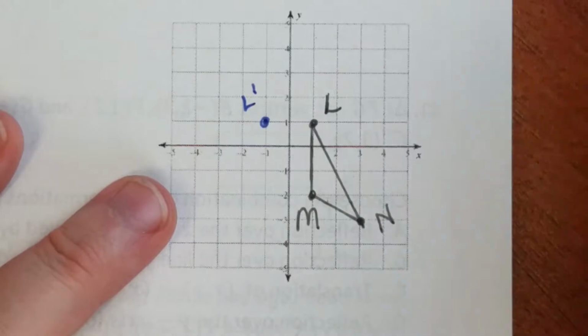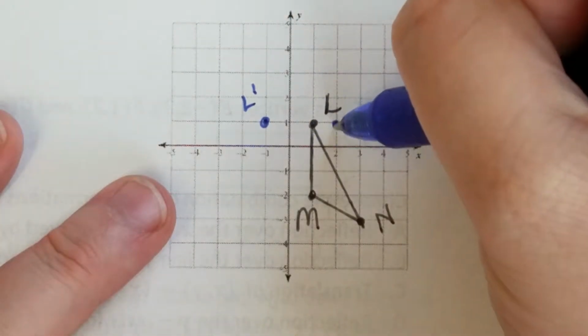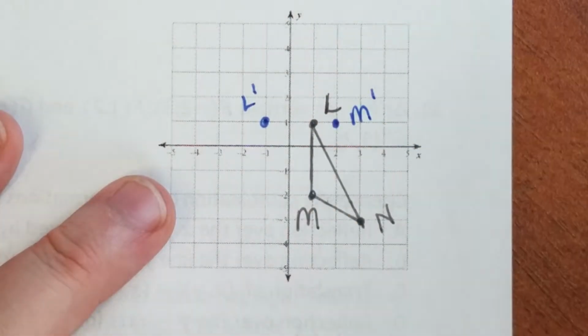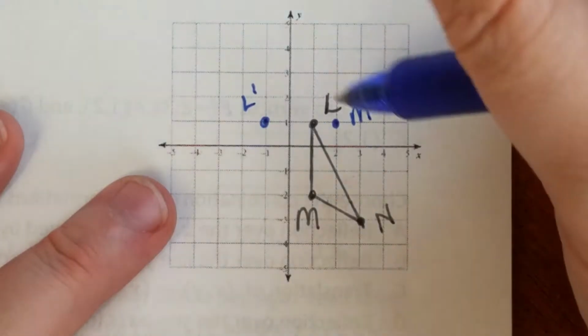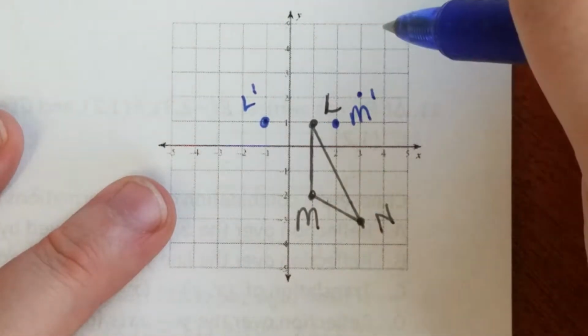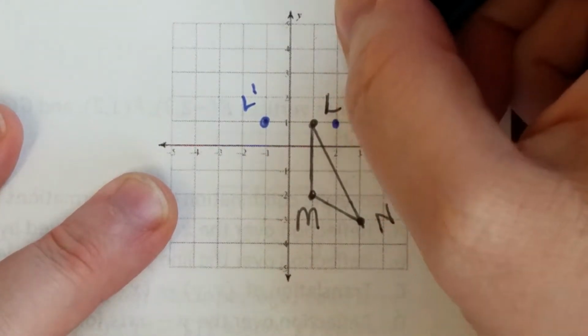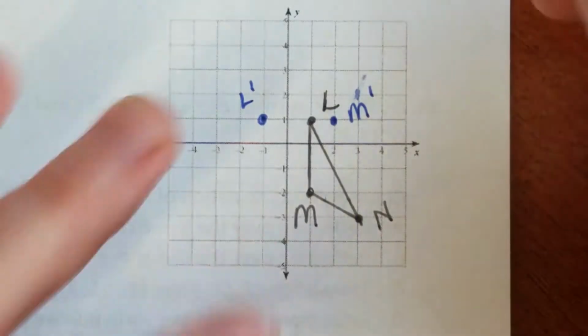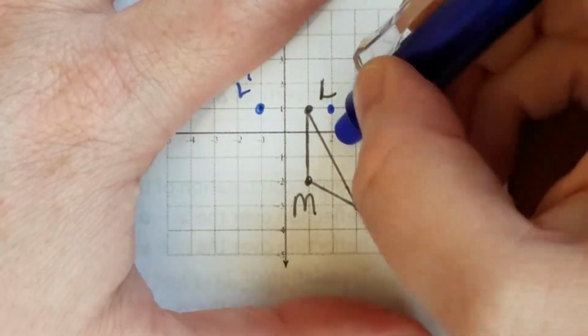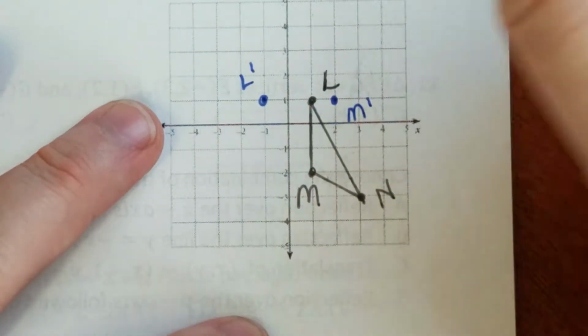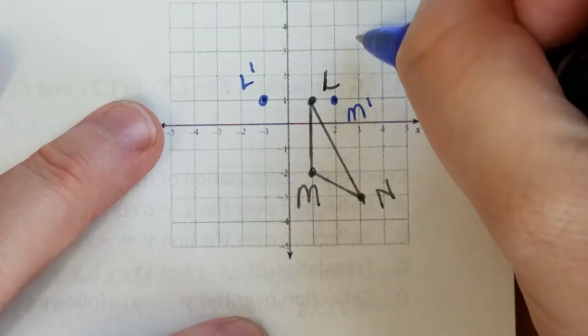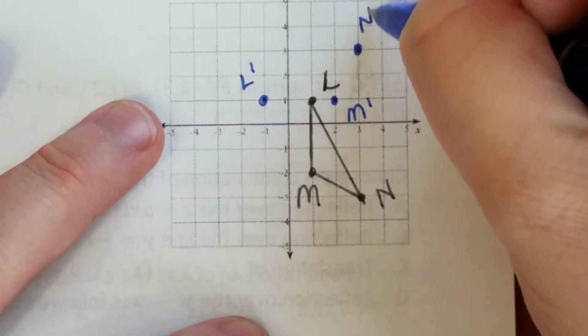Then we have 2, 1, which is going to be M prime. And then we have 3, 3, which is going to be N prime. I just didn't count properly right there, so let me go ahead and fix that. So this is M prime, and 3, 3 is right here, which is N prime.